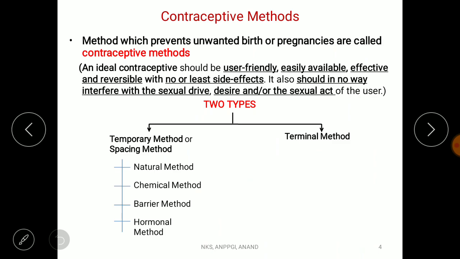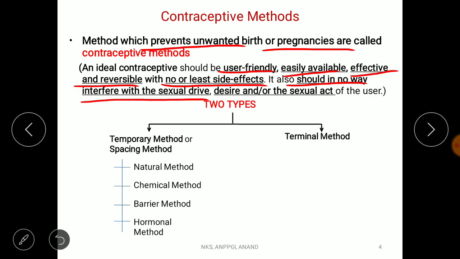A contraceptive method is a method which prevents unwanted birth or pregnancies, and an ideal contraceptive should be user friendly, easily available, effective and reversible, with no or at least very few side effects, and should in no way interfere with the sexual drive, desire or sexual act of the user, right?